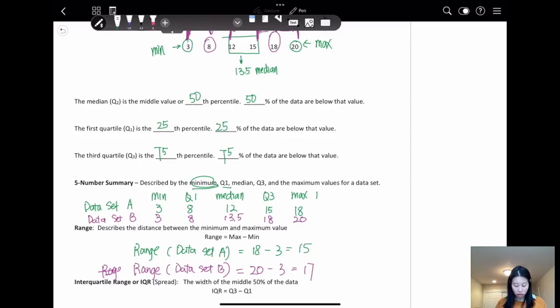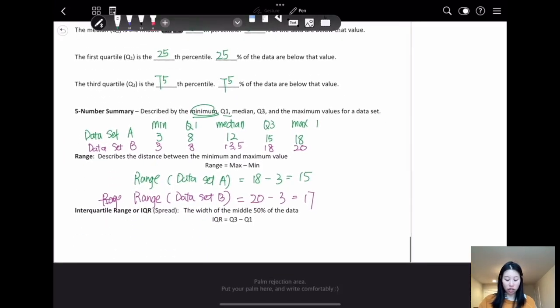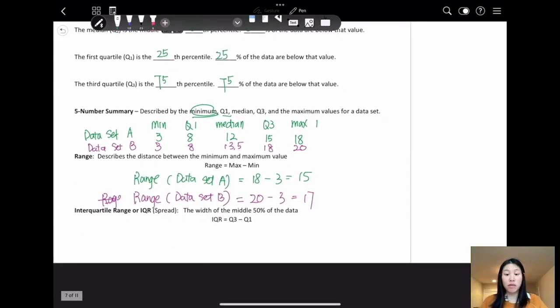Okay, so interquartile range. The interquartile range is the middle 50% of the data. Think about how to attain 50%. Remember, Q3 is 75% of the data below that value, and Q1 is 25%. So you use 75% minus 25%, and you attain 50% of the data.